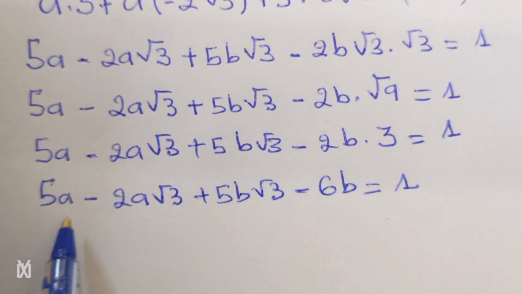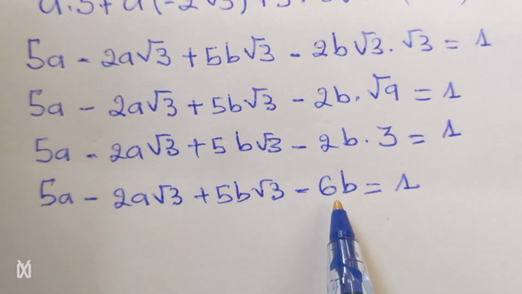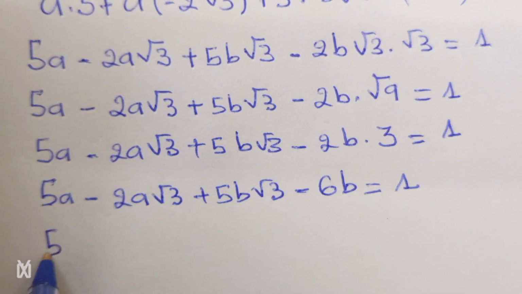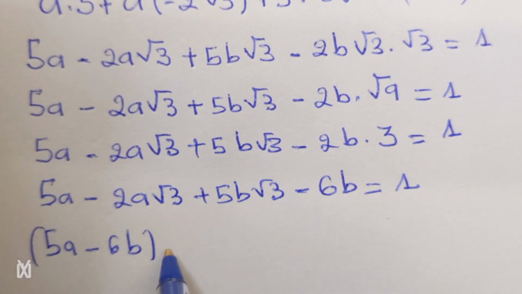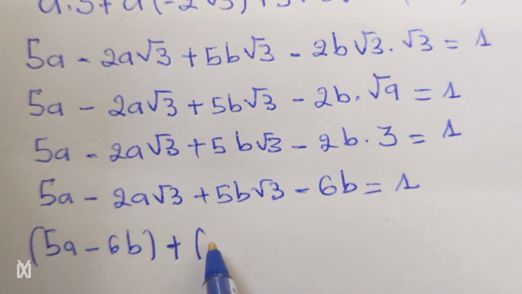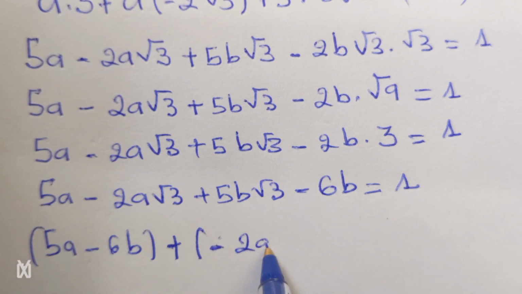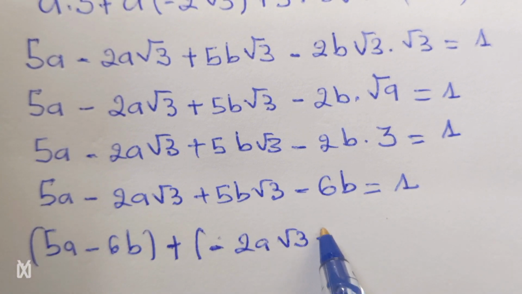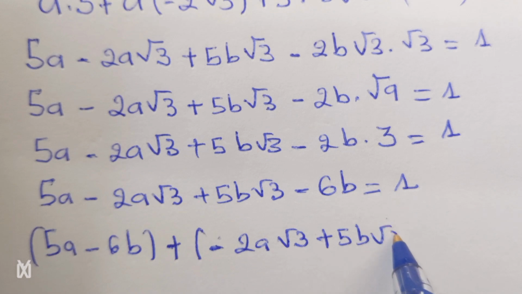Then you are going to put together this 5a then minus 6b to get 5a minus 6b, then let us write plus negative 2a square root of 3 then plus 5b square root of 3, which is equal to 1.